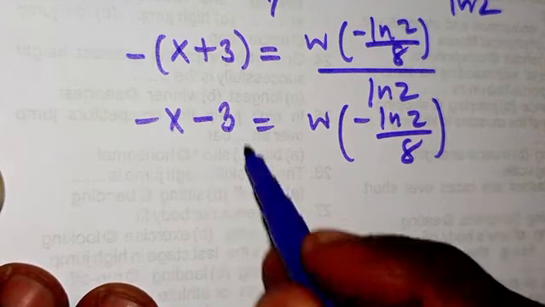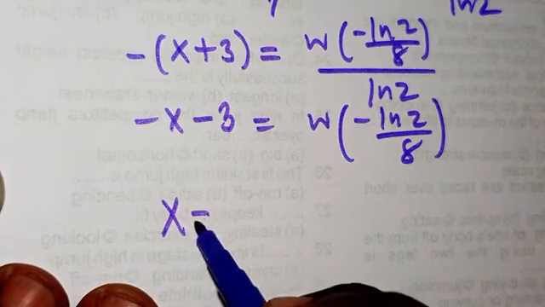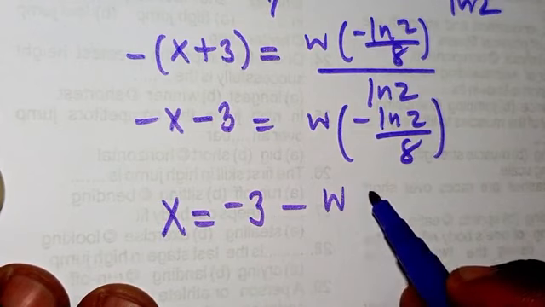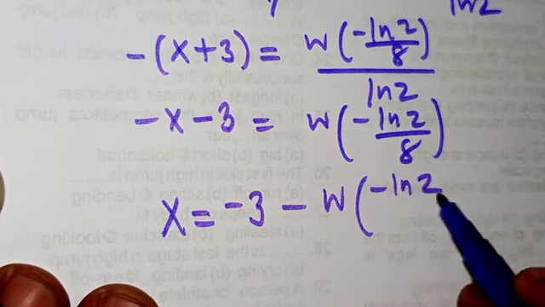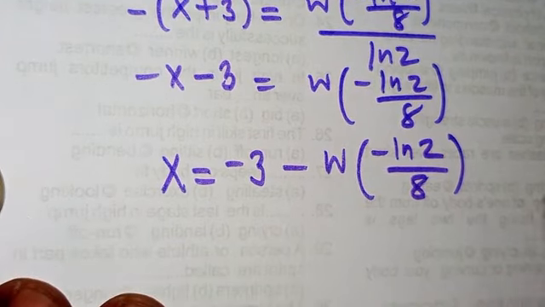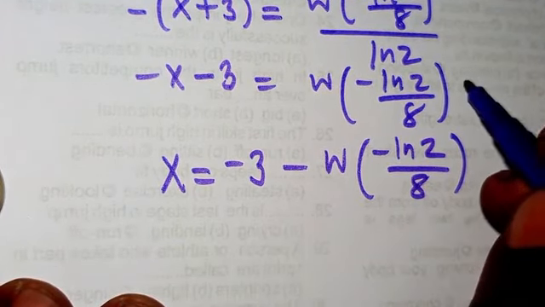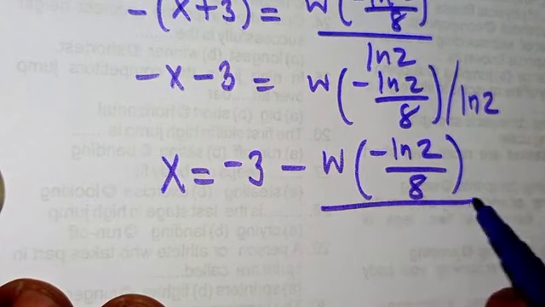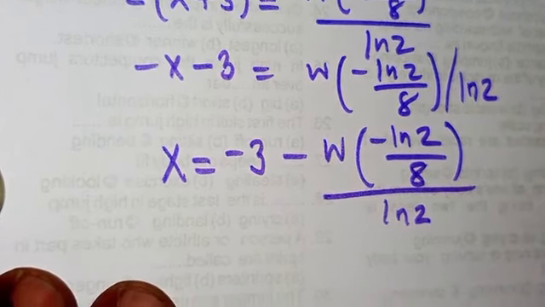So x equals minus 3 minus W of minus ln of 2 over 8, then divided by, don't forget the ln of 2, I had forgotten it there, ln of 2, right?